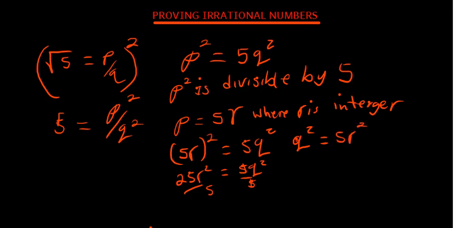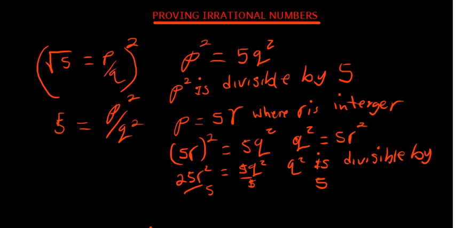As you can see here, this means that this q squared is divisible by 5.